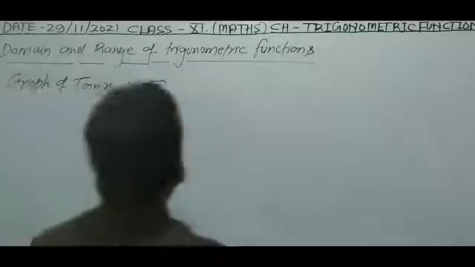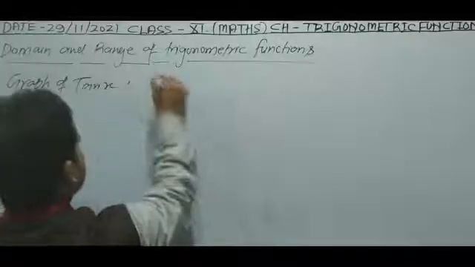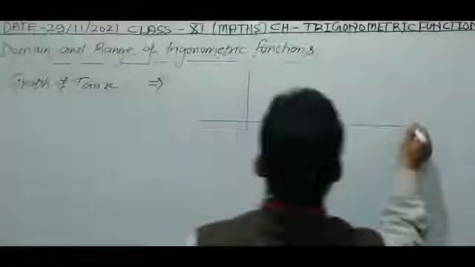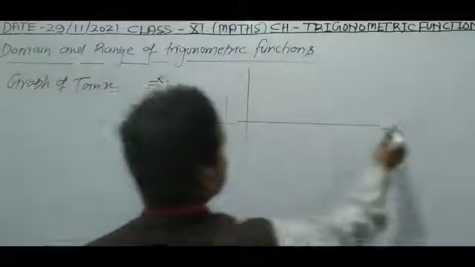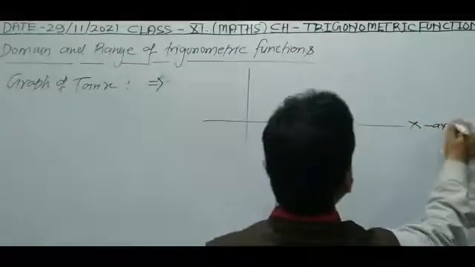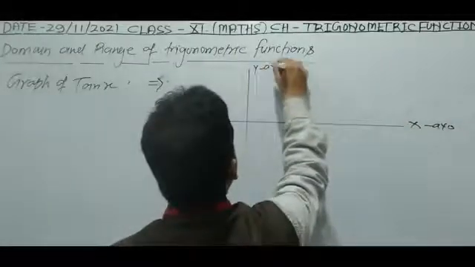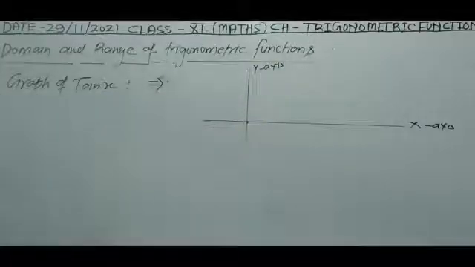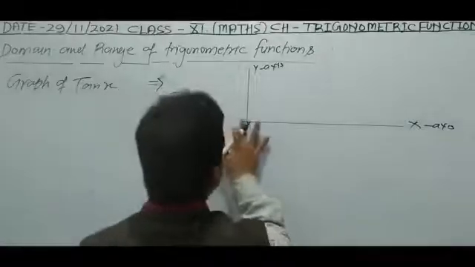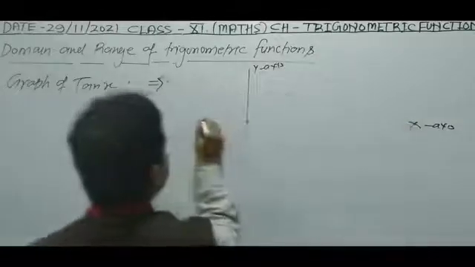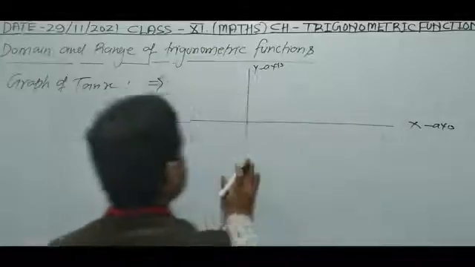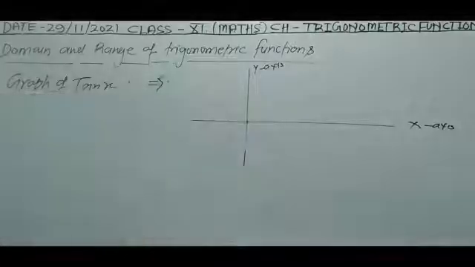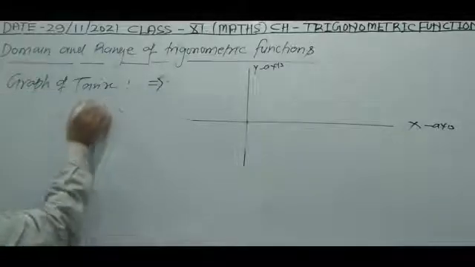Similarly, when you draw the graph of tan x, what will you see as the result? Suppose this is x-axis, this is y-axis, and you know class, the value of tan x is not defined at pi by 2. So at odd multiples of pi by 2, we can say tan x is not defined.